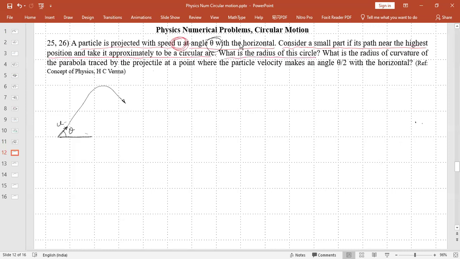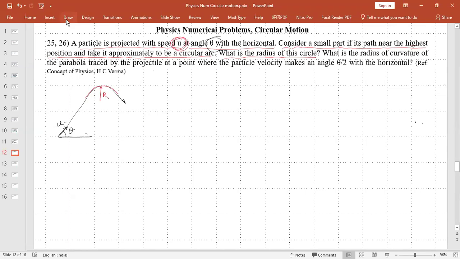It is true that when it reaches the topmost point, although the curve is parabolic, from your knowledge of geometry, you know that very near to the peak the parabola can be considered approximately a circle. So they want to know the radius of curvature. Let's say this radius of curvature is R.